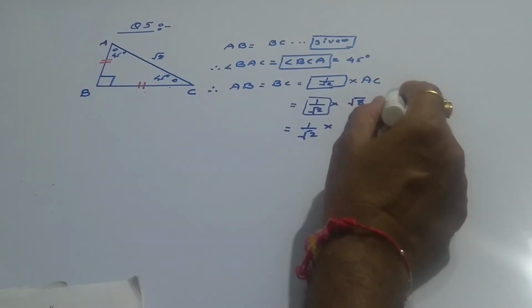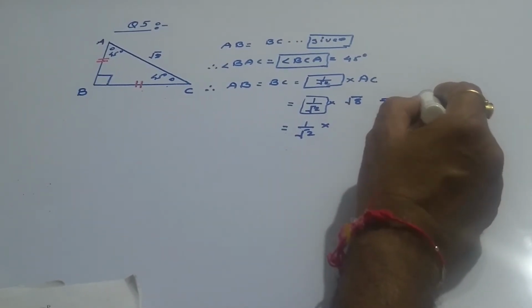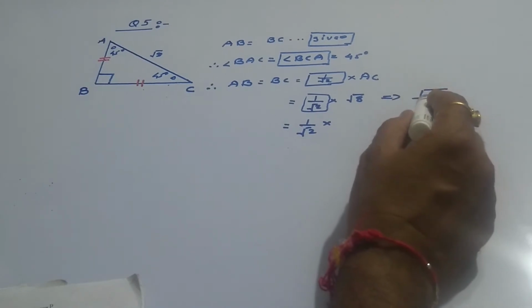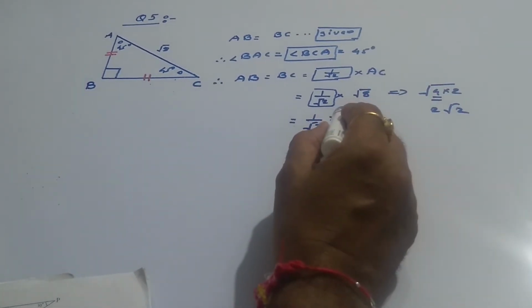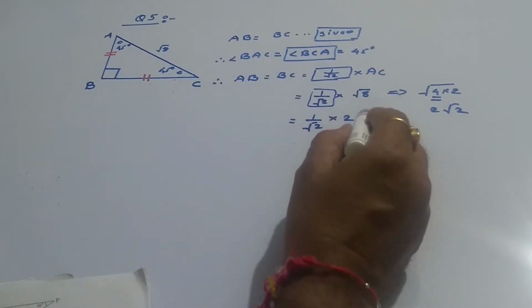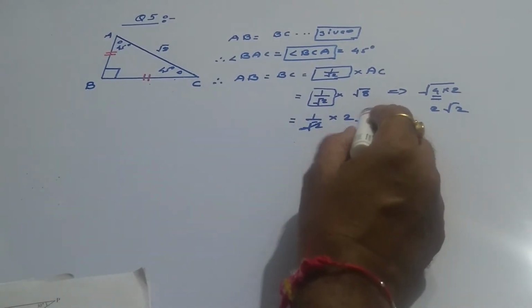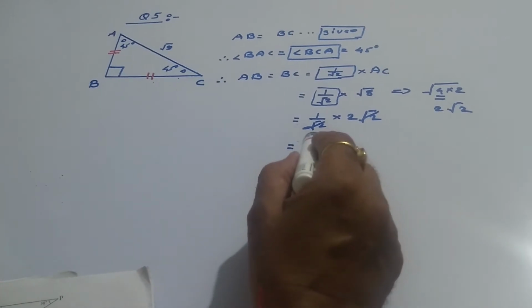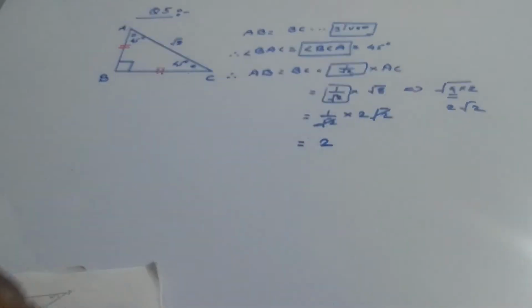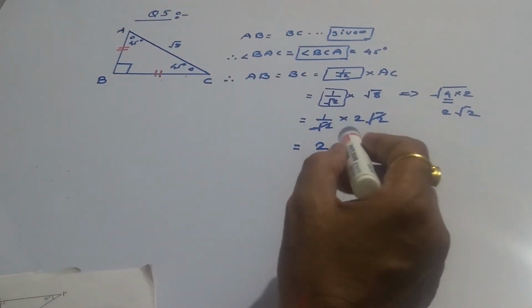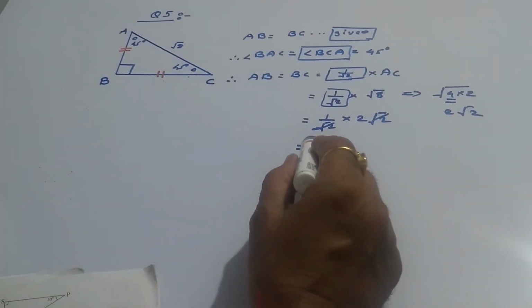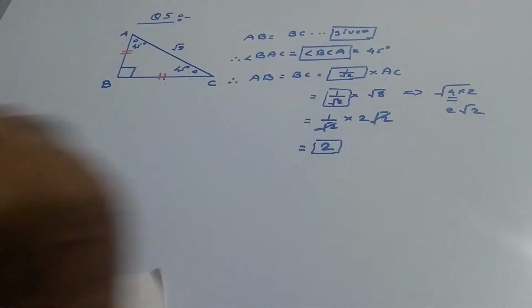What is root 8? याला सिम्प्लिफाय केलं तर 4 into root 2. So under root of 4, that is 2. This is a 2 root 2. So root 2 cancel. So that is equal to 2. So this is the answer, completed here.